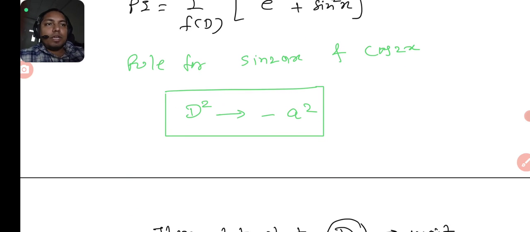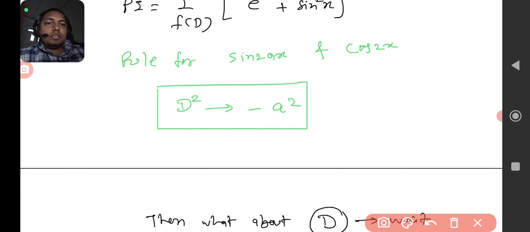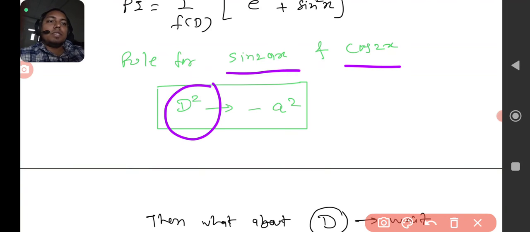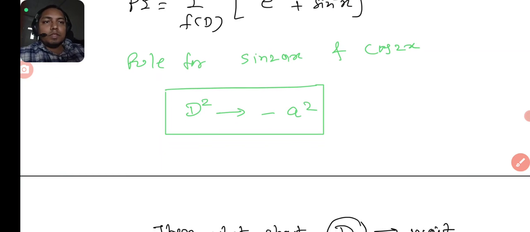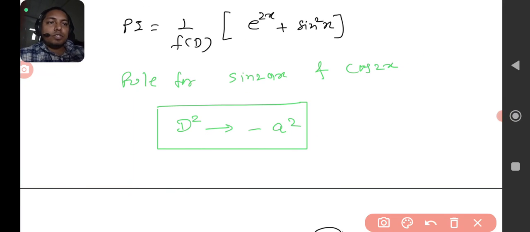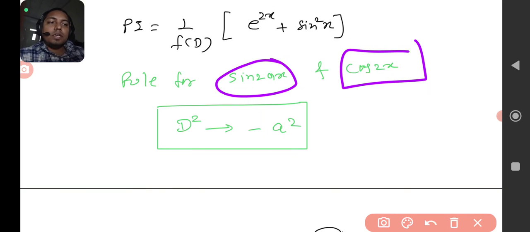Before entering into that, here I have written sine 2ax and cos 2ax. Whenever you see these, this d square you have to replace with minus a square. One thing to understand here: I have written sine 2x, it should be sine ax. Like here we have cos 2x, in the same way here we should have only sine ax. You don't need to write that in your notebook.